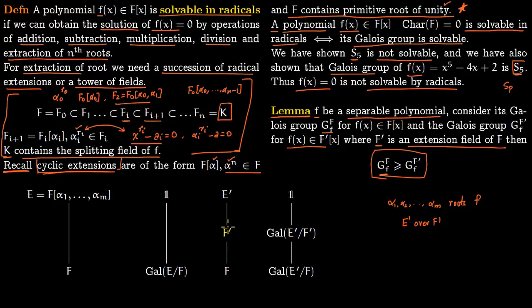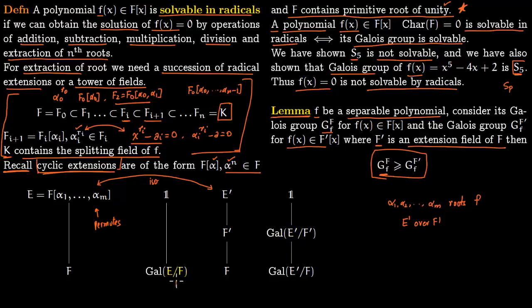So E prime over F prime is the splitting field, but by the uniqueness of splitting fields for a polynomial, these two are isomorphic. So what does this Galois group do? The Galois group of the extension E over F is the group of automorphisms of E which fixes F. So this just permutes these roots.